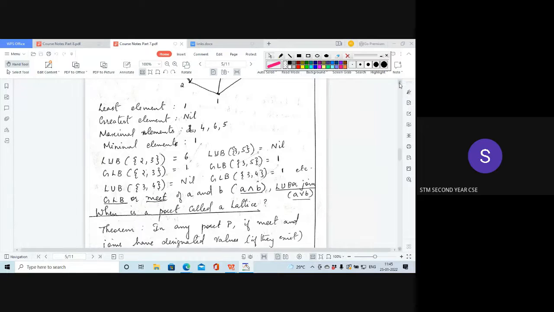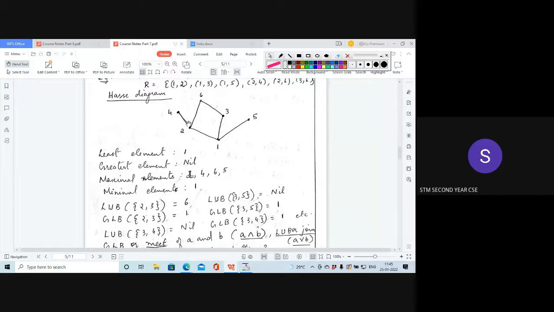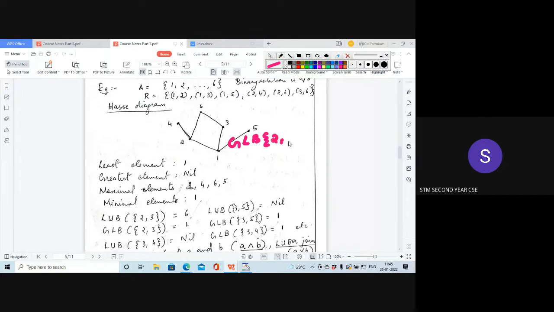Let us consider 2 and 3. The GLB of 2 and 3 is equal to what? What is the greatest lower bound of 2 and 3? It is equal to 1.